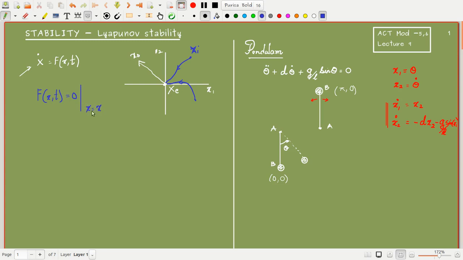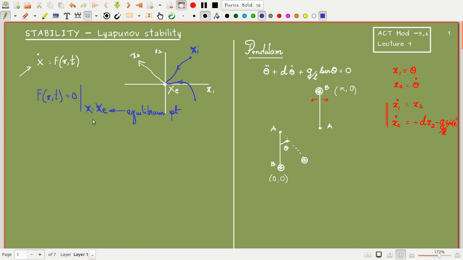I should write it as capital X. This x equal to xe becomes the equilibrium point of the system, and it is at this point the system states are at rest. Okay, so we can see that all the derivatives of the state equation have come to 0 here.